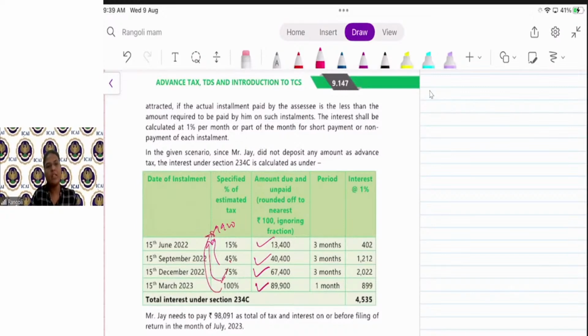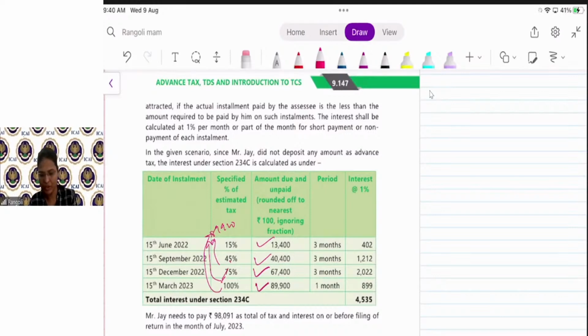So he has not paid any tax as an advance tax or TDS or anything else. So on 13,400, 1% per month into 3-month interest is required to be paid. On 40,400, 1% per month, 3 months, 67,400, 1% per month, 3 months, 89,900, 1%, 1 month. So total interest under 234C is 4,535.